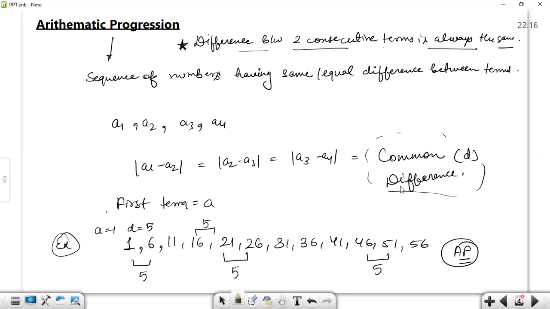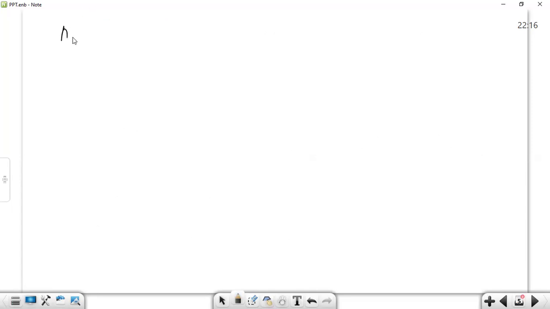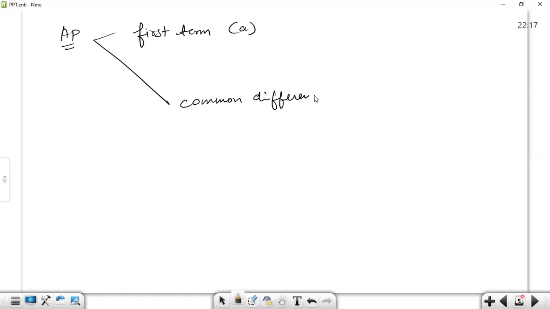So in an AP, we need to know two things. First term, symbolized by A, and the common difference. Okay, so let's say if there is a first term A, then the next term will be what?